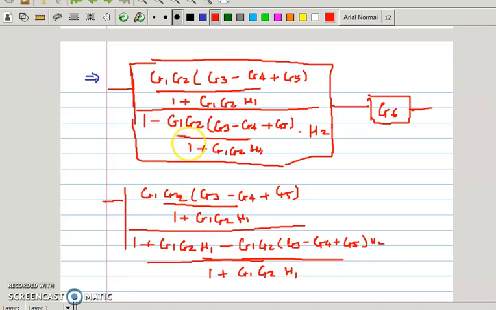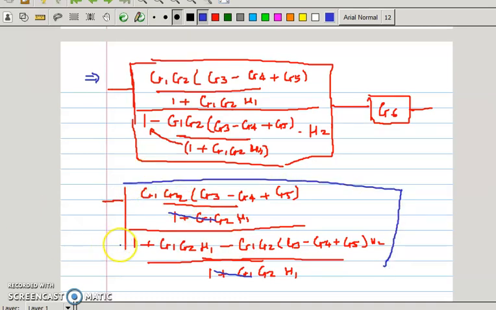See what we do, this bracket is multiplied with the 1, so this step becomes like this. Now can we cancel this term and this term? Can we cancel this? So remaining only a very small term, okay.